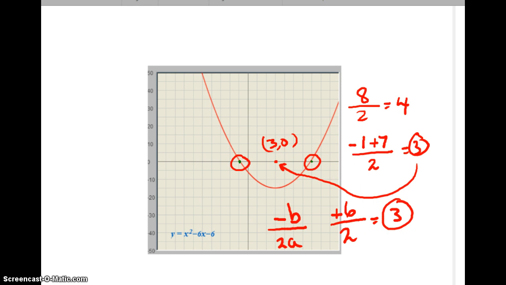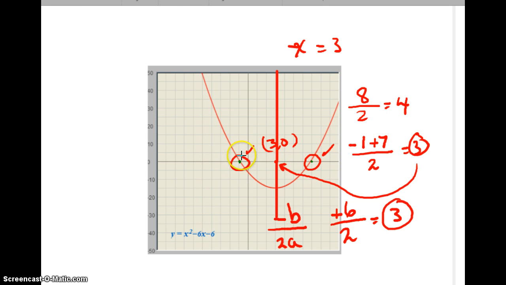And so if I were to ask you what the axis of symmetry is, you would tell me that it's x equals 3. Okay? So that's pretty straightforward. We'll have plenty of time to practice that. Lots of different methods. Obviously, if you're given the graph and it's pretty easy to see where the zeros are, just counting across and dividing by 2.